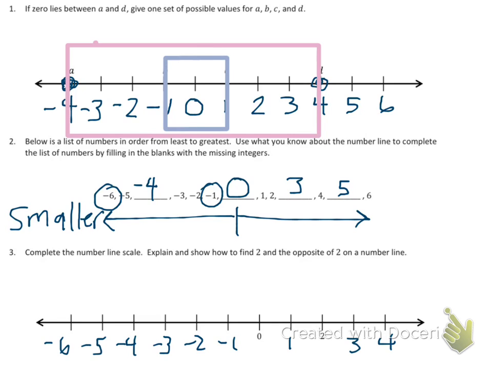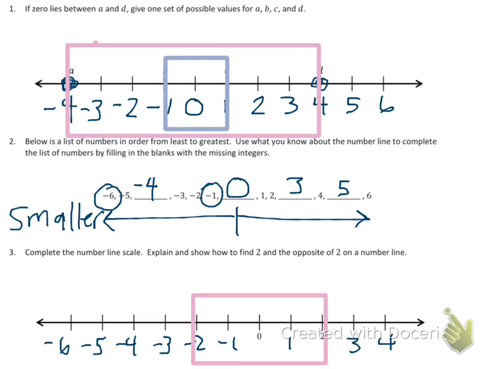And then our opposites are equidistant from 0. So if I want to find the opposite of 2, I'm going to go 2 to the left to get to 0. That means I have to go another 2 to get equidistant, and there is my opposite. The opposite of 2 is -2. They are equidistant from 0.